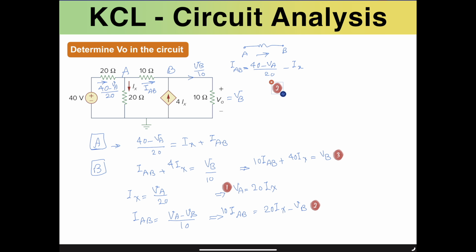If I remove the top part, equations 2 and 3 are going to be summed up on both sides. On the left side we have 10 IAB and 10 IAB, so it would be 20 IAB.